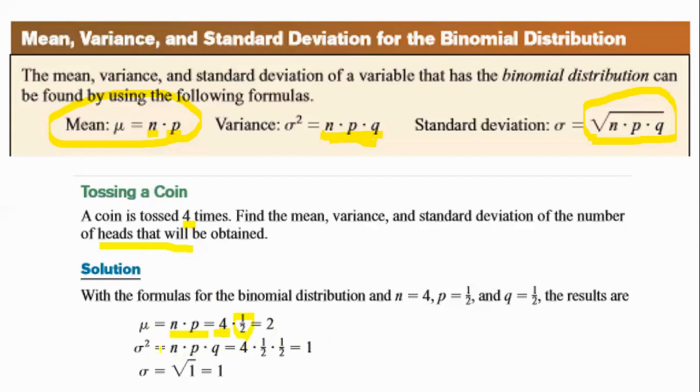As far as standard deviation is concerned, it's n into p into q. Here the product of n into p into q is calculated, and probability of success is multiplied with probability of failure, and it is then multiplied to the total number of trials, right? So it would be 1.